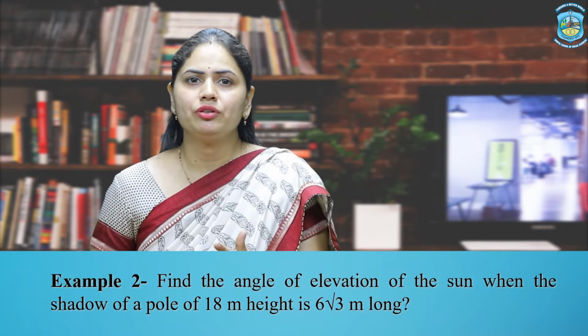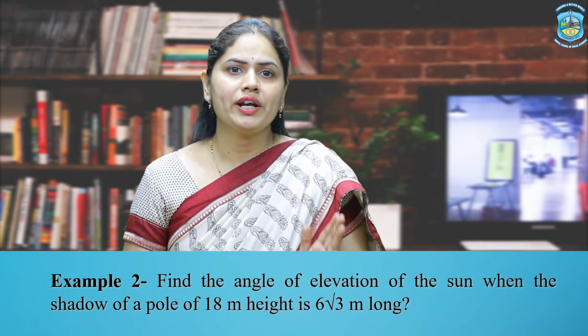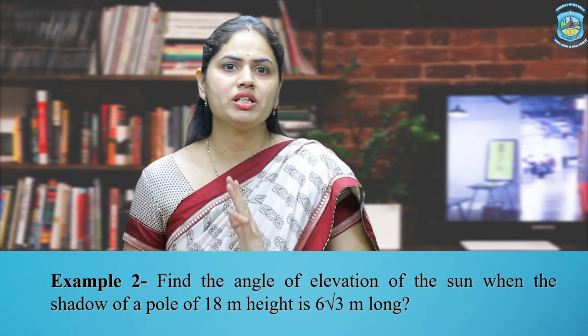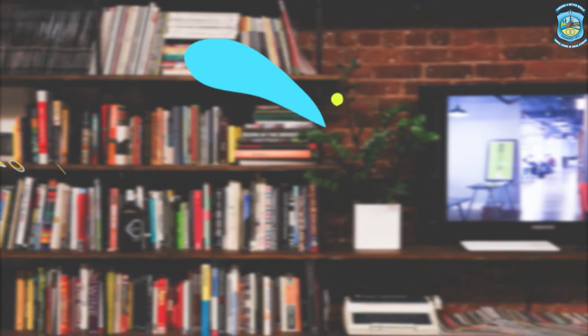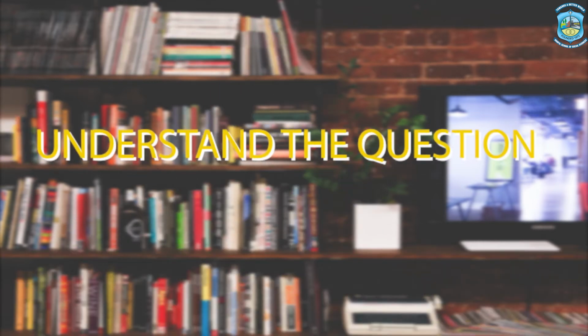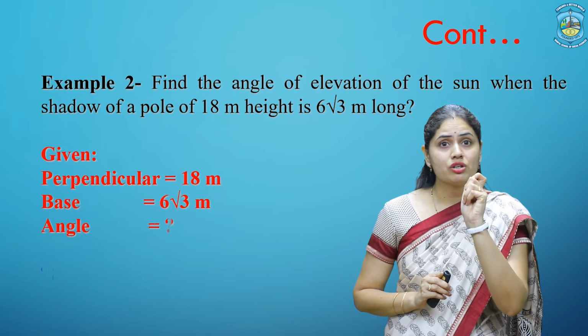Let's take one more example. In this example, we have to find the angle of elevation of the sun when the shadow of a pole of 18 meter height is 6 root 3 meter long. We have to understand the question first. In this, we need to find the angle of elevation of the sun.